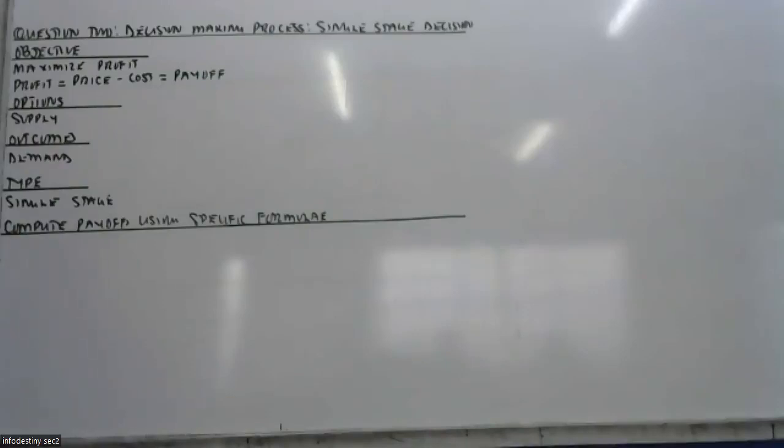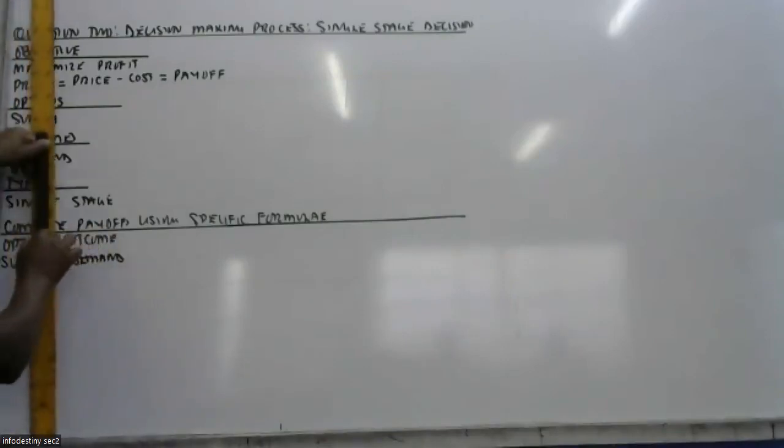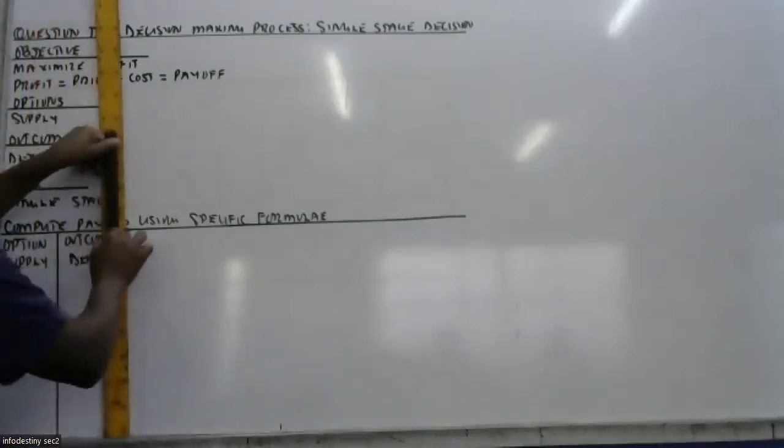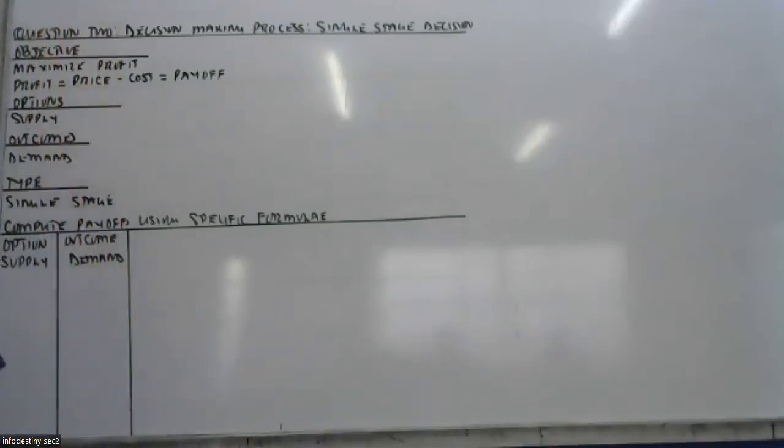So here huwa inapangwa as a table like this. We have the option. Now remember here option tumesema ni supply or the purchase. Then we have the outcome, which tumesema ni demand or the sales. Sasa specific formula huwa inatengenezwa hivi.